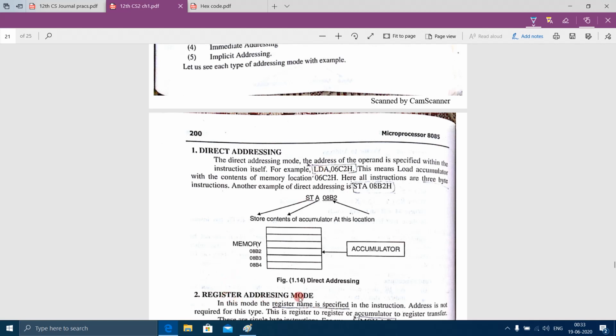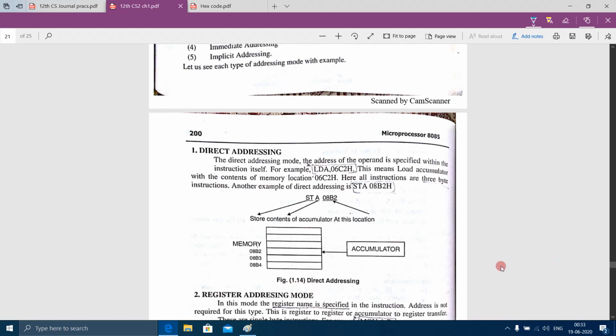In register addressing mode, registers are specified in the instruction. Basically, in register addressing mode, mostly the contents of one register will be copied or transferred into another register, or the contents of the accumulator will be transferred into a register. So that is register addressing mode.